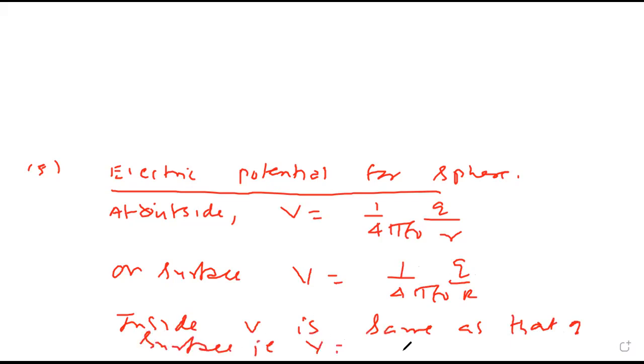That is V equals to 1 upon 4 pi epsilon naught Q by capital R. Is this 45th? 44. 44th.